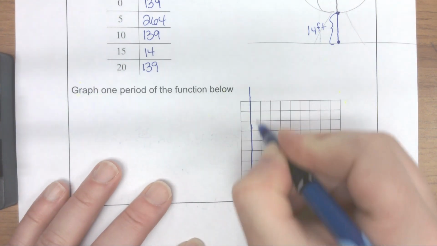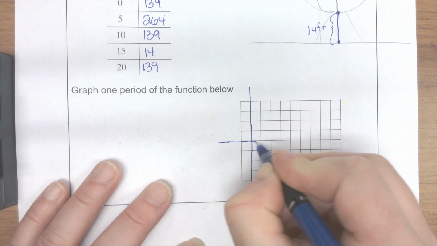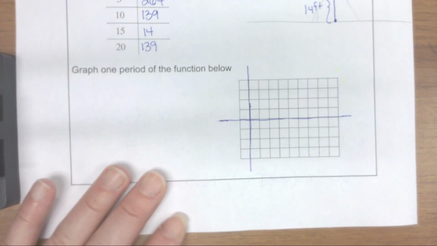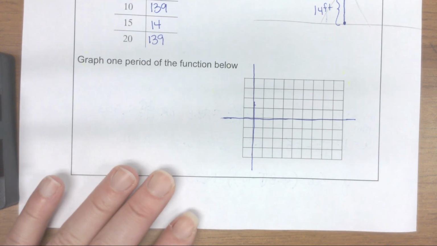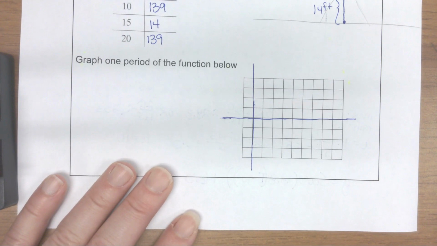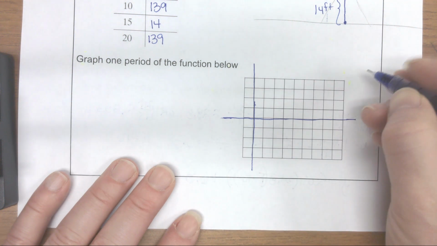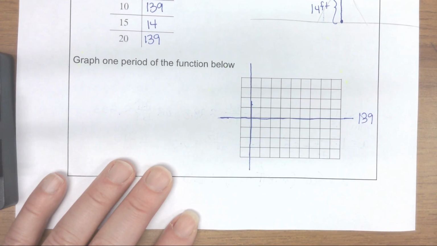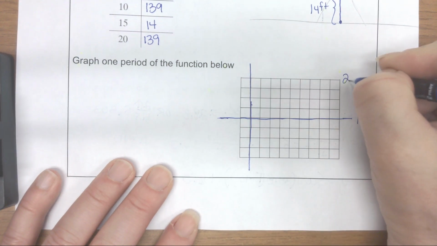I'm going to fudge it a little bit. What should I make my midline? This isn't my XY axis. I'm just graphing one period. Where's the middle? 139, right? Where's the top? At our top, just go ahead and put a 264.